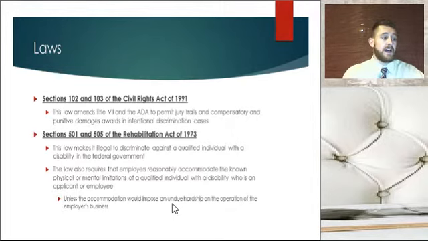The law requires that employers reasonably accommodate the known physical or mental limitations of a qualified individual with a disability who is an applicant or employee. Just like the ADA, this is in regards to federal government employment, unless the accommodation would impose an undue hardship on the operation of the employer's business.